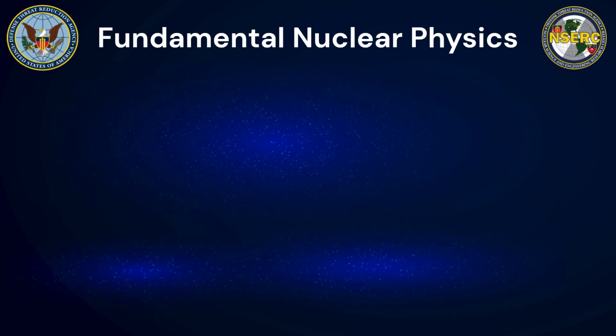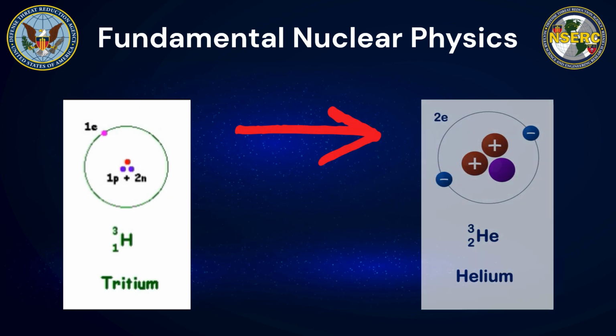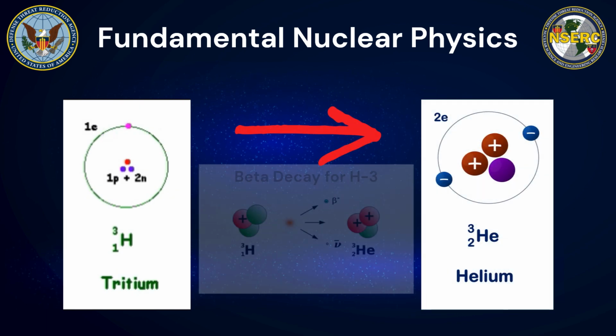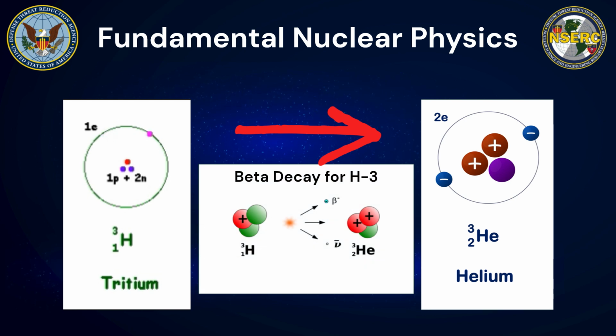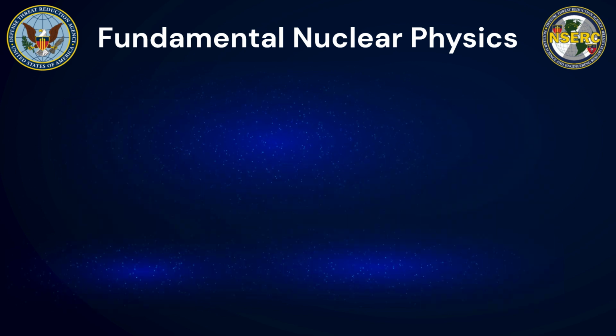In the case of tritium, these atoms decay over time into helium-3 or He3 through a process known as beta decay. The beta decay process essentially converts a neutron within the nucleus into a proton while simultaneously emitting an electron or beta particle, hence the decay name. As such, this changes the atom's chemical element from hydrogen to helium due to the added proton. Other forms of radioactive decay are addressed in future videos within this series.